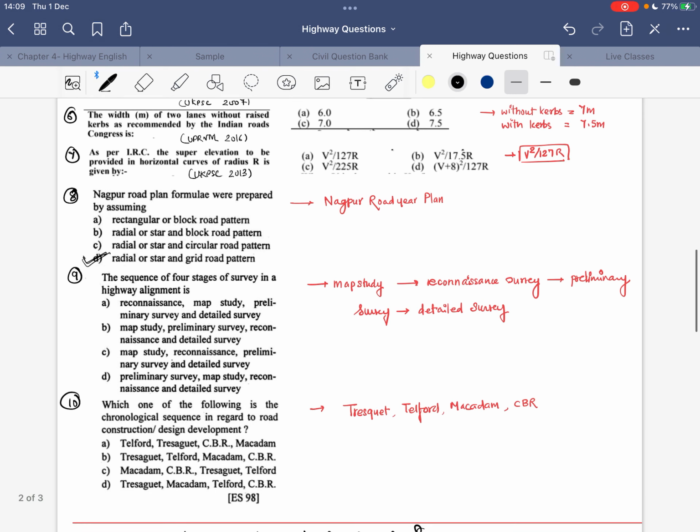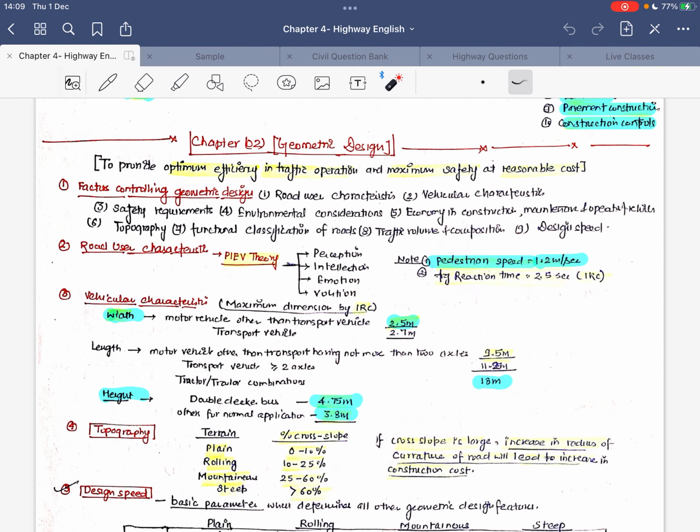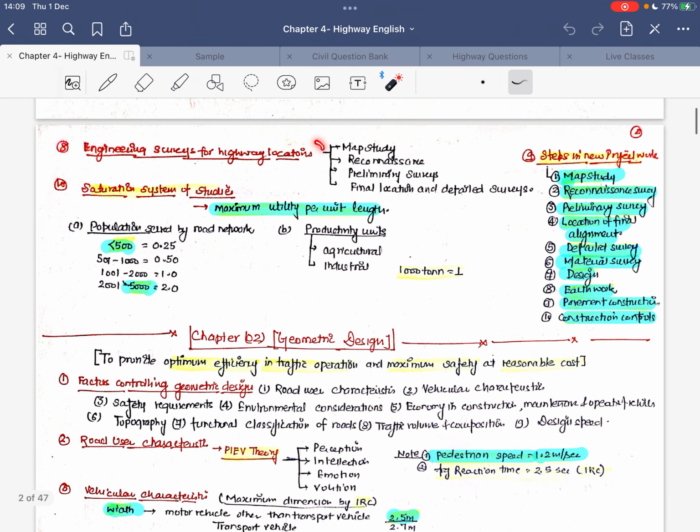Next, the sequence of 4 stages of survey in a highway alignment is, and this has been asked many times in competitive examinations. If we remember the major sequence, as we have already covered, it is map study, reconnaissance survey, preliminary survey, final location, and detailed survey.